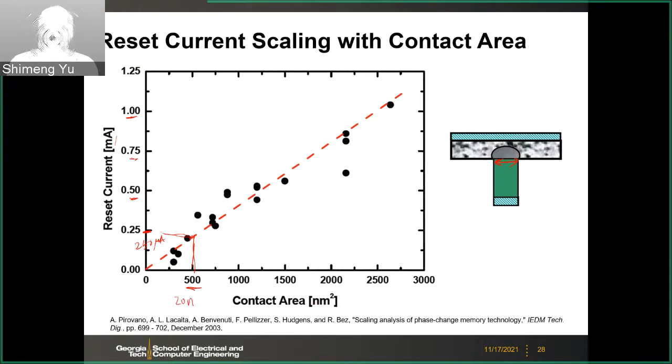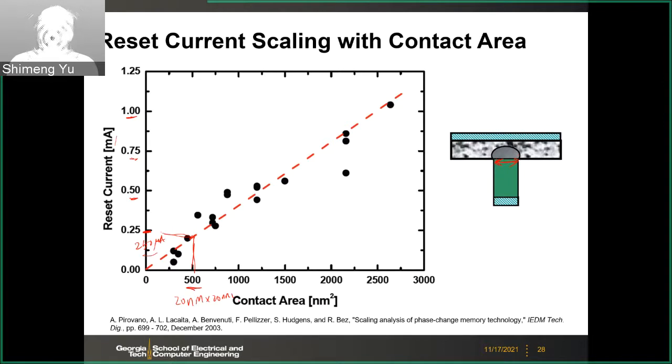So roughly, let's say 20 nanometer by 20 nanometer, you still need 250 micron. And 20 by 20 is a small number already, right? So even if you scale to 20 by 20 nanometer dimension, you may still need 200 micron. And 200 micron is a large current, right?